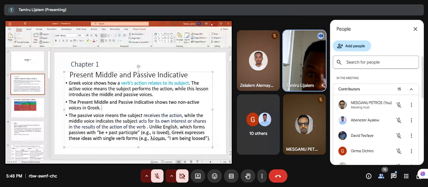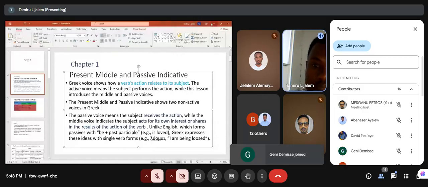So Greek has three past tenses: aorist, simple past; imperfect, past continuous; and pluperfect, past perfect.